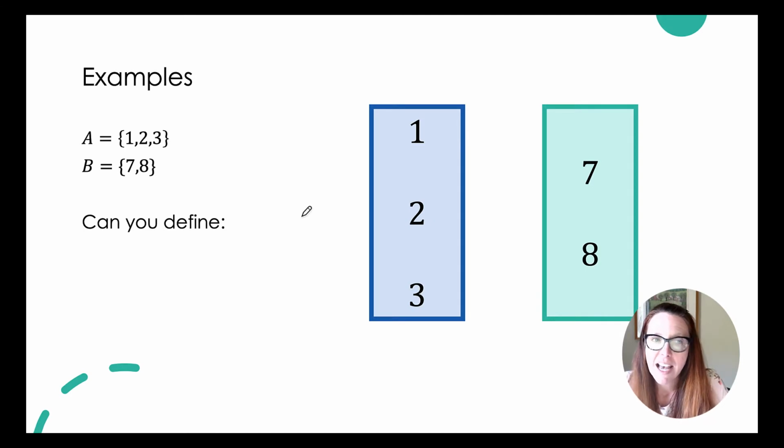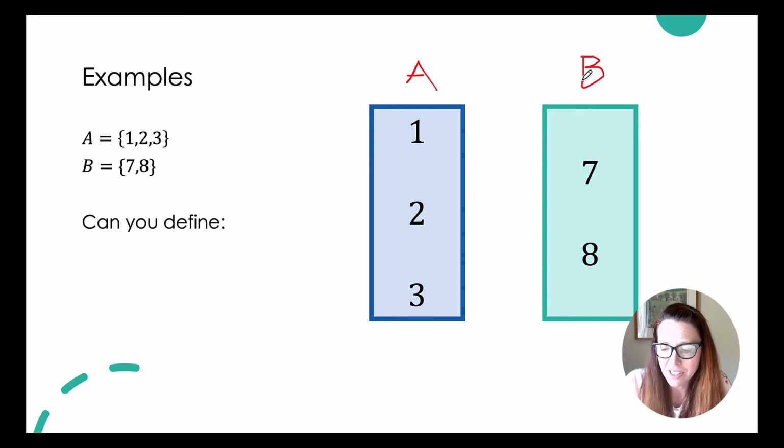So let's look at an example where we consider the sets A and B, and we consider functions that we might be able to create that would meet certain conditions. So let's first consider a function f.